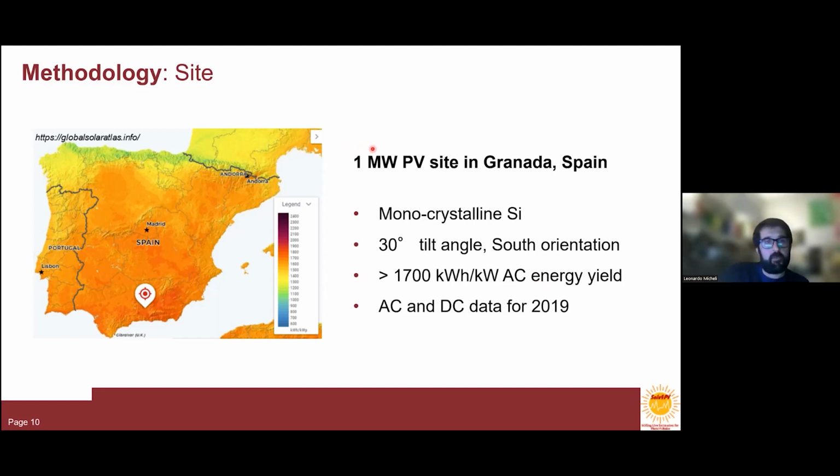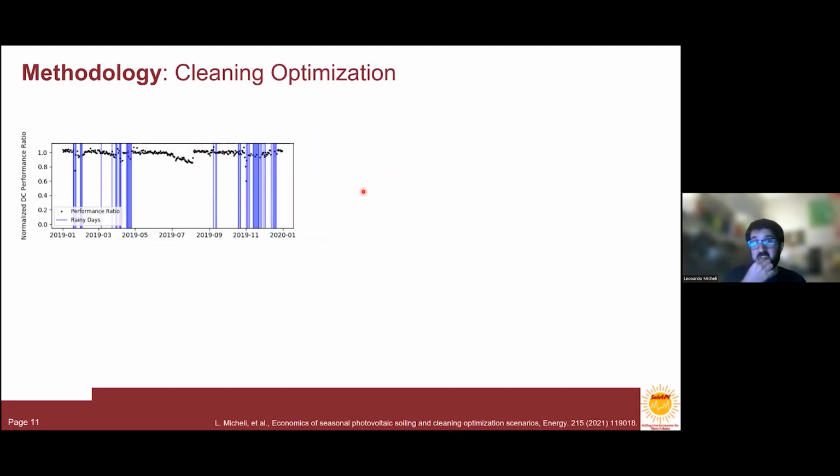The site we were given data for is a 1 megawatt site made of monocrystalline silicon modules, exposed essentially at optimal tilt and orientation, 30-degree tilt, southward orientation, and we got both AC and DC data for 2019. So what we did first was eliminate all the losses and mechanisms that are not directly related with soiling from the PV power data.